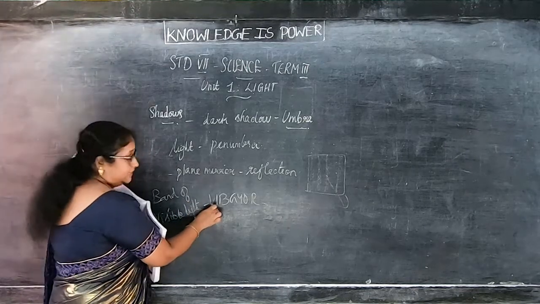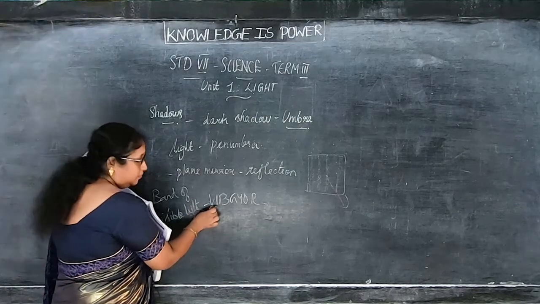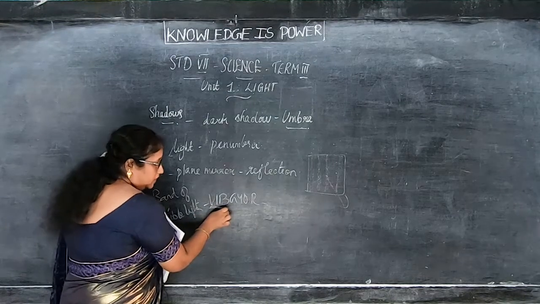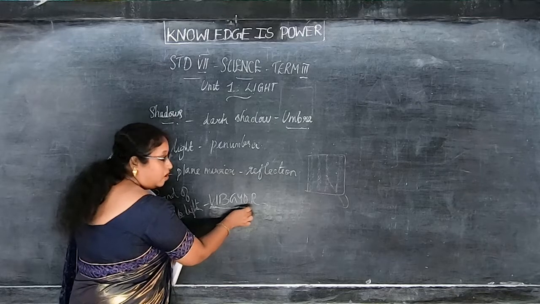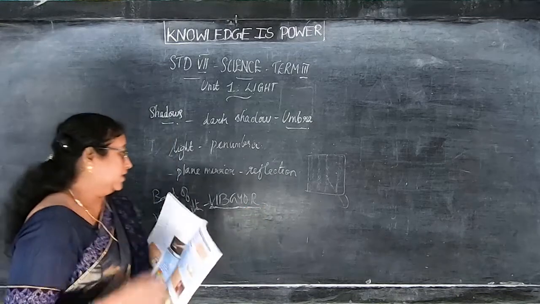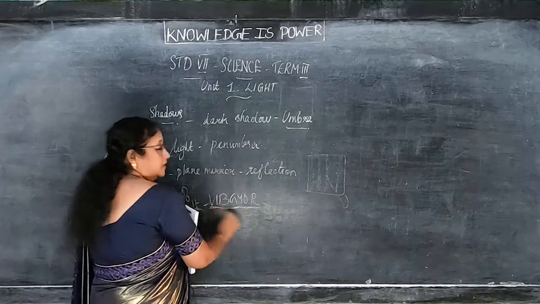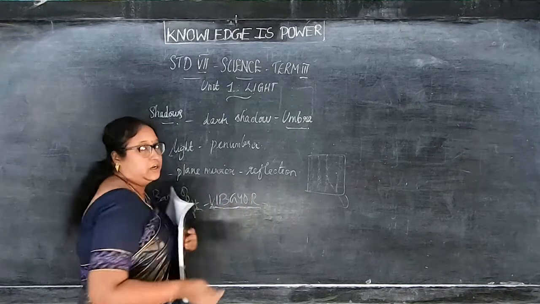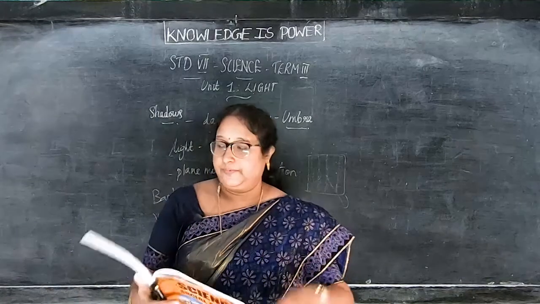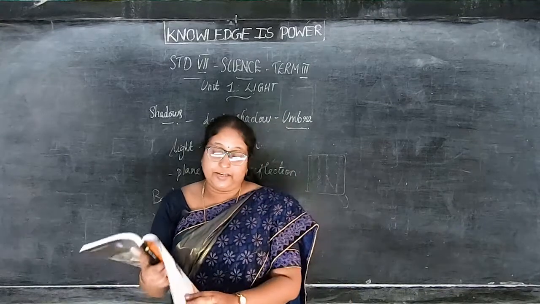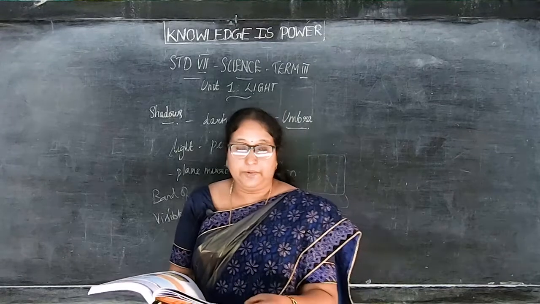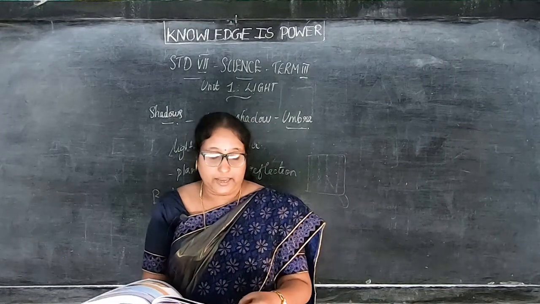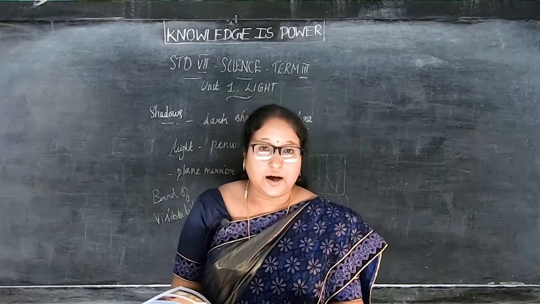V violet, I indigo, B blue, G green, Y yellow, O orange and R red. அது எல்லாமே first letters எடுத்து தான் VIBGYOR ன்னு கொடுத்துருக்காங்க. How will you pronounce it? VIBGYOR. Okay? So V, we have given here itself in the book. V violet, I indigo, B blue, G green, Y yellow, O orange, R red.